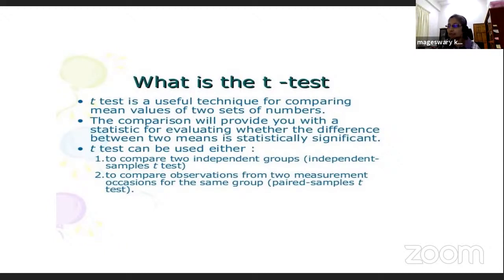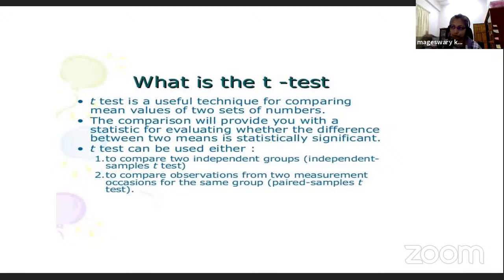But now let me go into the t-test. There are two types of t-test: the independent sample t-test and the paired sample t-test. I'll just give you an overall picture. When you do an independent sample t-test, that means the two groups are independent. In the quasi-experimental design, which I talked about last week, we have two groups, control and experimental. These two groups are independent; they are not connected.